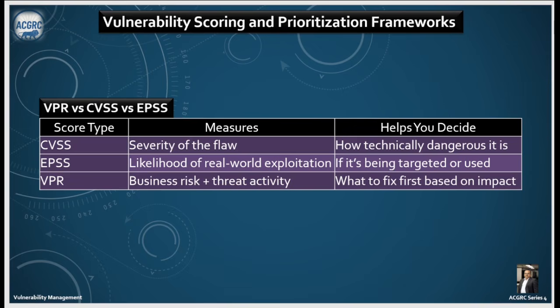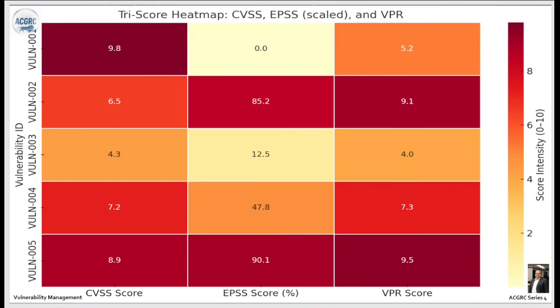So, VPR is equal to a smart priority score. It helps you cut through the noise and focus on the vulnerabilities that matter the most right now. It answers: is this vulnerability important to my business today? Is it being used by attackers in the wild? Should I fix it before others identify and find it? This might give you a certain perspective.